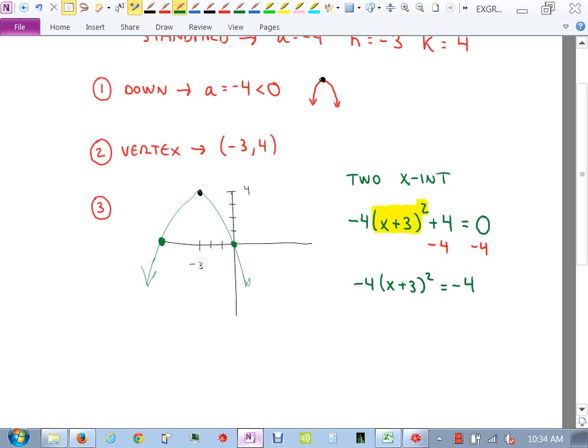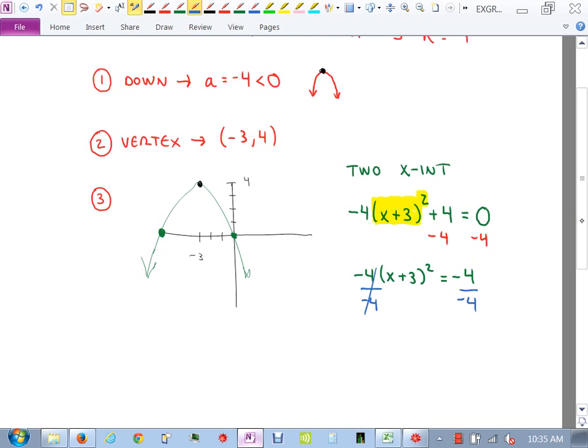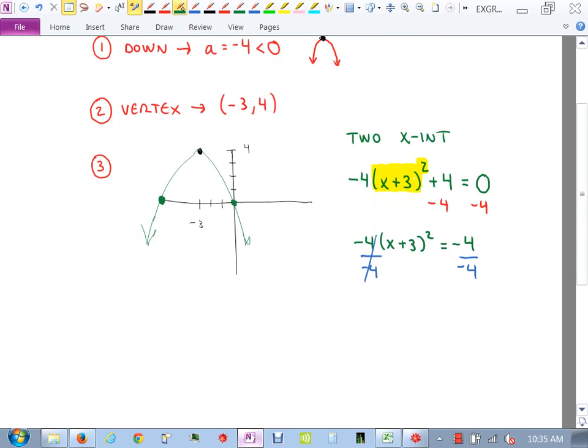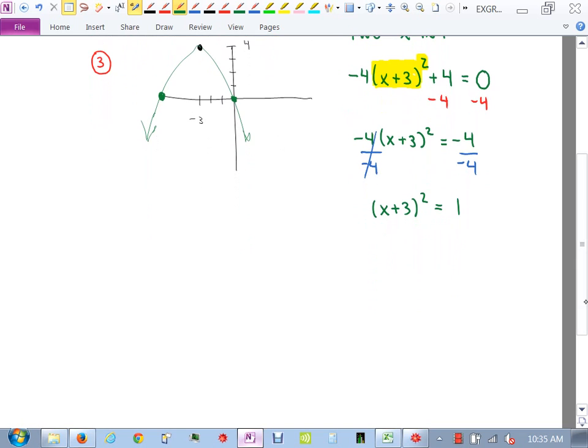Now what? Divide by negative 4. If I divide both sides by negative 4, on the left side it becomes a 1, and so it's really just not there anymore, right? It's just (x plus 3) squared sitting out in front. On the right side it's 1. Now square root property.